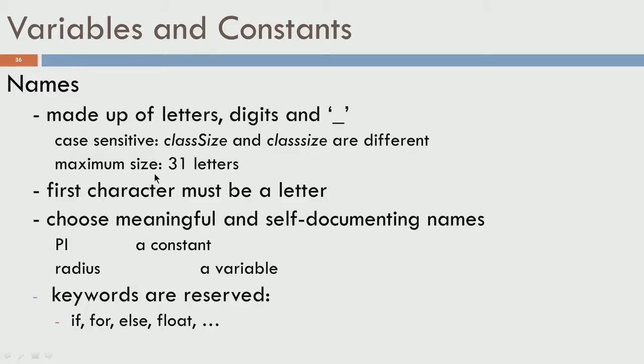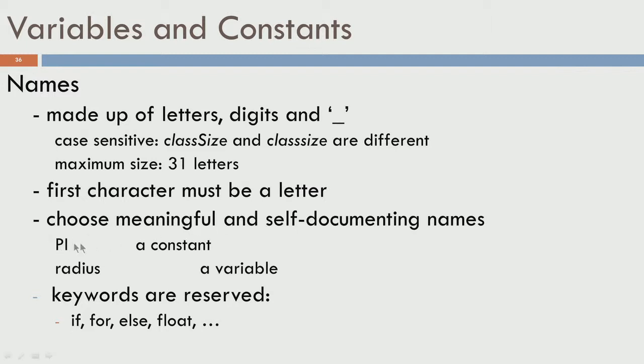The maximum size that you can have for a variable name is 31 letters. You cannot have more than 31 letters for a variable. The first character of a variable that you write must be a letter. It cannot be an underscore or a digit, it has to be a letter. Typically you use a meaningful and self documenting name for the variables.